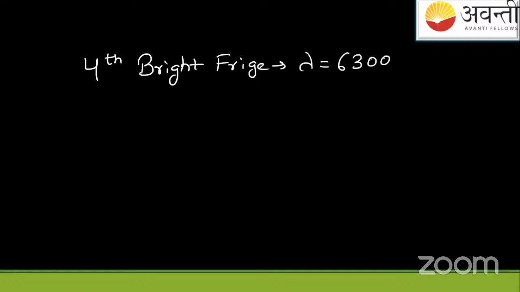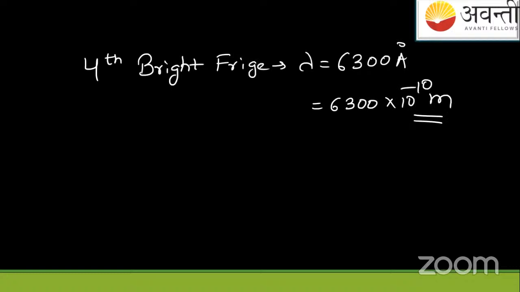Fourth bright fringe having lambda equals 6300 Angstrom. Angstrom means how much? It is equal to 10 to the power minus 10 meter.